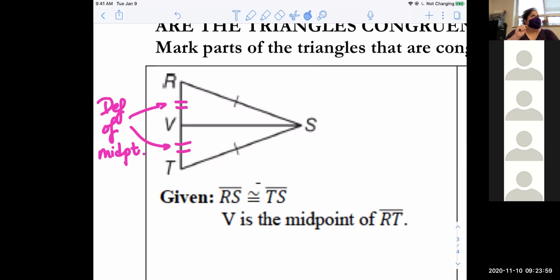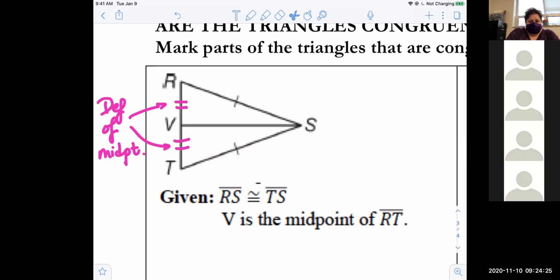Okay, if you know they are the included angle, but you can't use that as a reason. If we knew R and T were congruent, then we could say the triangles were congruent using side angle side. But you can't use that as a reason. Like maybe you'd want them to be congruent, but that doesn't make them congruent. If you knew R and T were congruent, then it would be side angle side. We just don't know that.